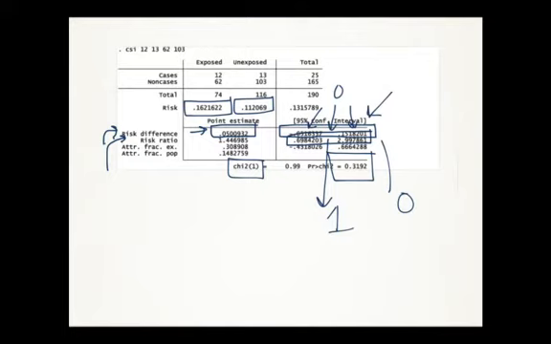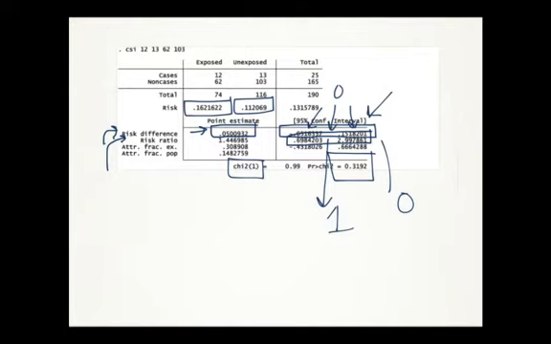So the odds is defined, you may have heard of the odds in situations where people are gambling. They'll say the odds of this team winning or that team winning are such and such. So the odds is defined as the probability of an event, P, divided by the probability of it not occurring, 1 minus P. Okay, so that's the odds.